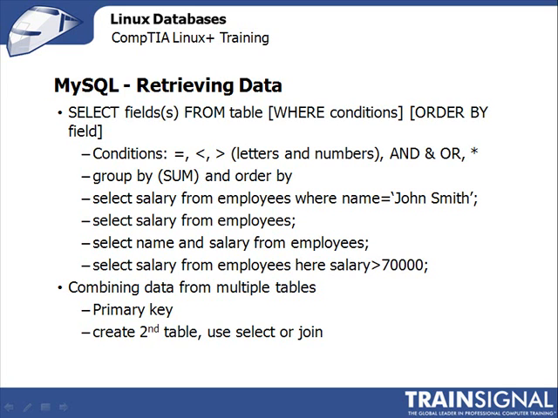So using our employees table as an example, you could type select salary from employees where name equals John Smith, which would pull John Smith's salary. Or you could try select salary from employees, which would get you a list of all salaries from the table. Select name and salary would get you both, of course, the name and the salary. And you could use an operator like greater than, like select salary from employees where salary is greater than $70K.